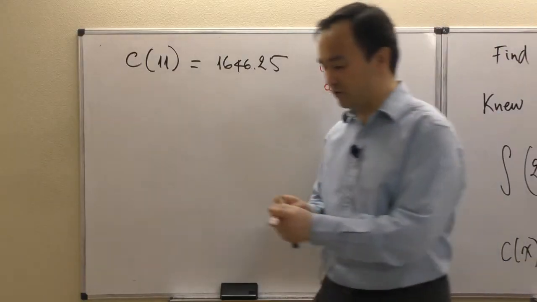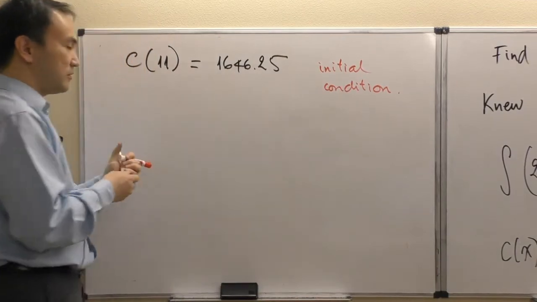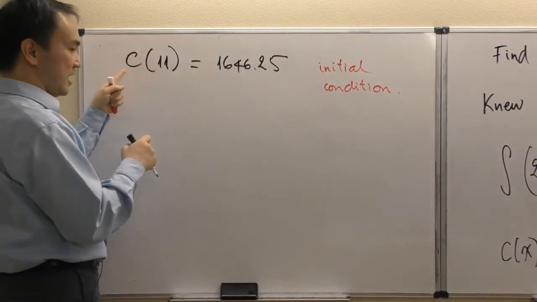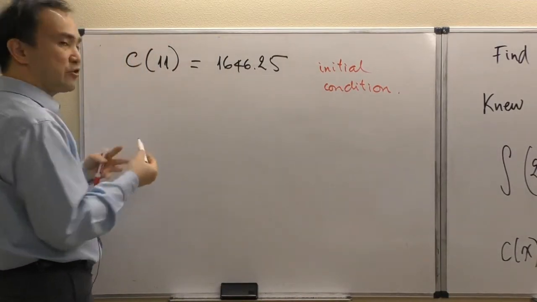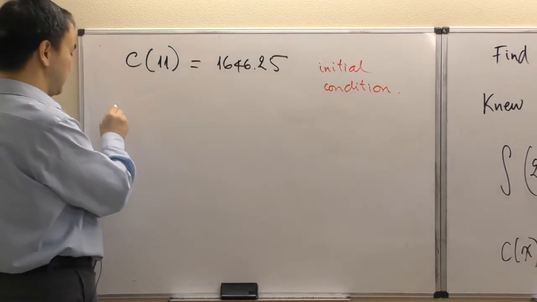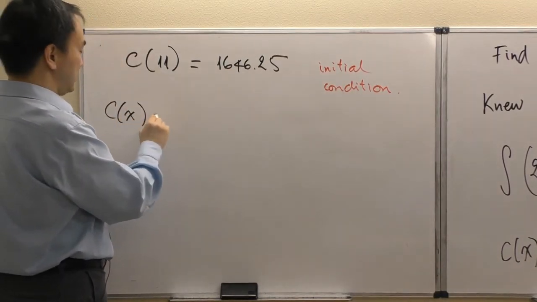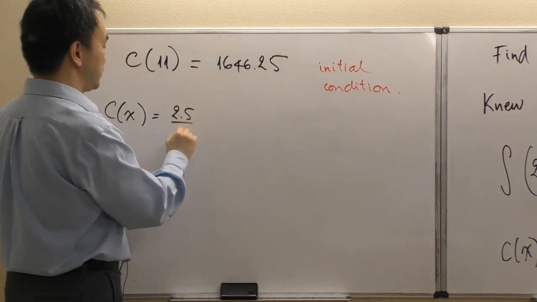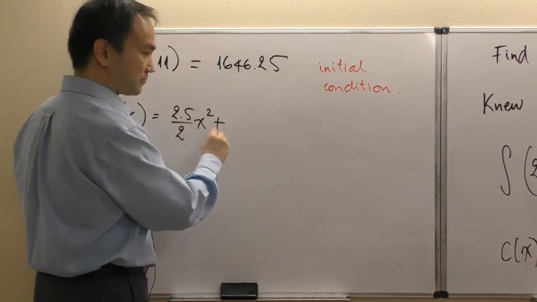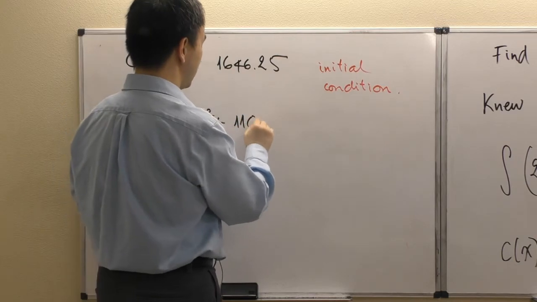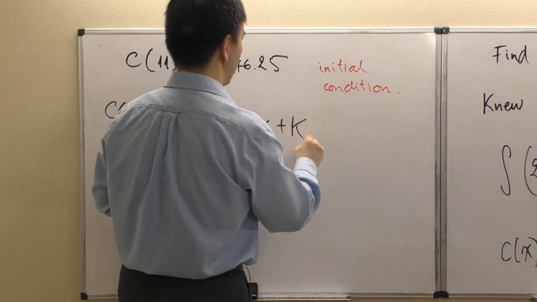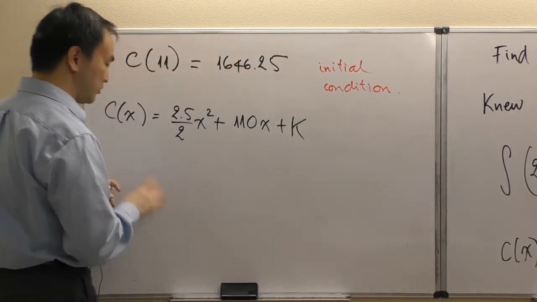Okay, so now I am going to advance to my other board, and let's continue solving it further. Our C has already been found. Our general solution, C of x, is found to be 2.5 over 2 x squared plus 110 x plus k. So now I am going to substitute in.